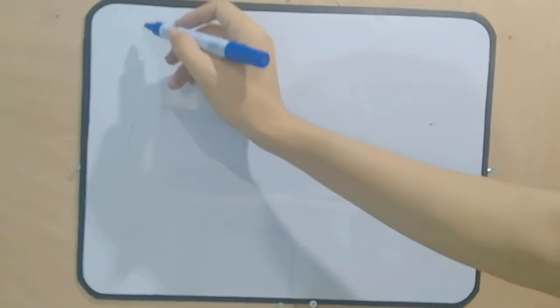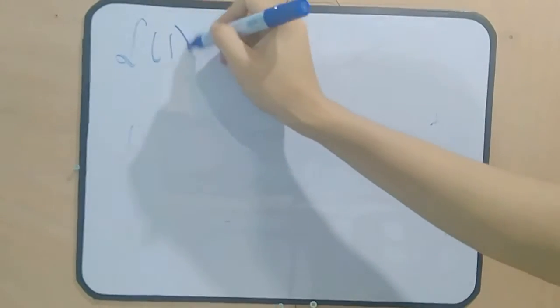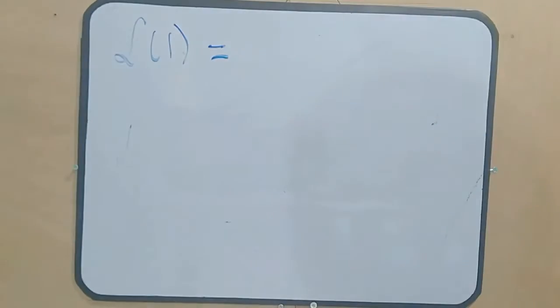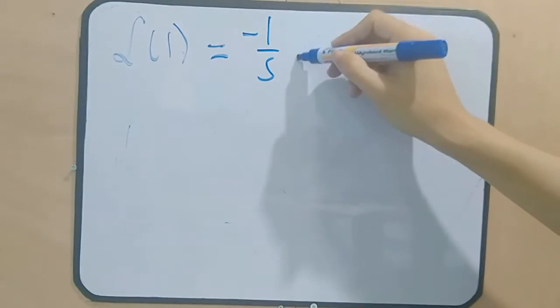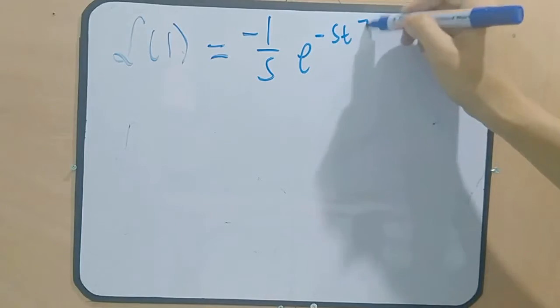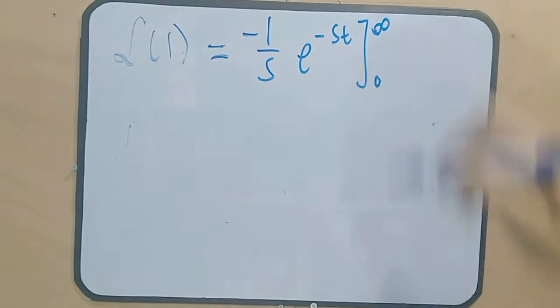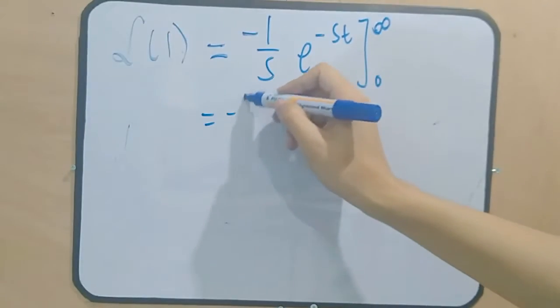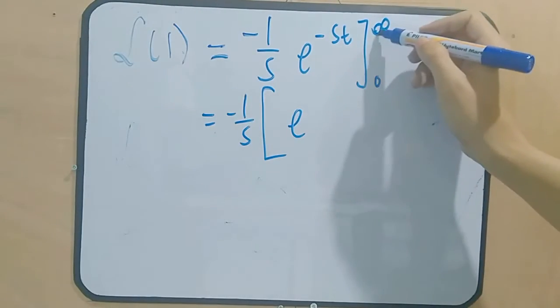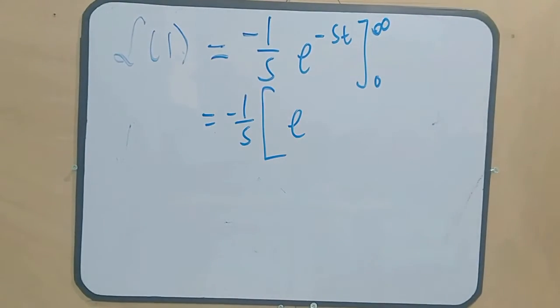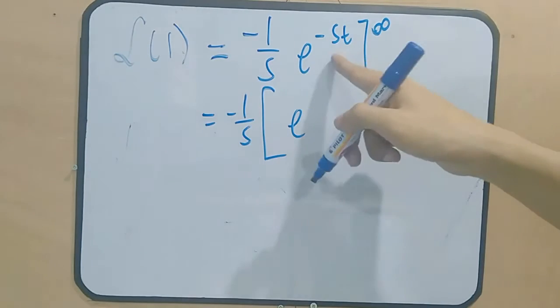Now we just substitute this limit. So yung Laplace transform nung 1, function of t natin is 1 equals, so we have here negative 1 over s. So e raised to negative st. So limit natin 0 to infinity. So we have here negative 1 over s. So e raised to, we have here infinity. So ang t natin is infinity. So constant times infinity.